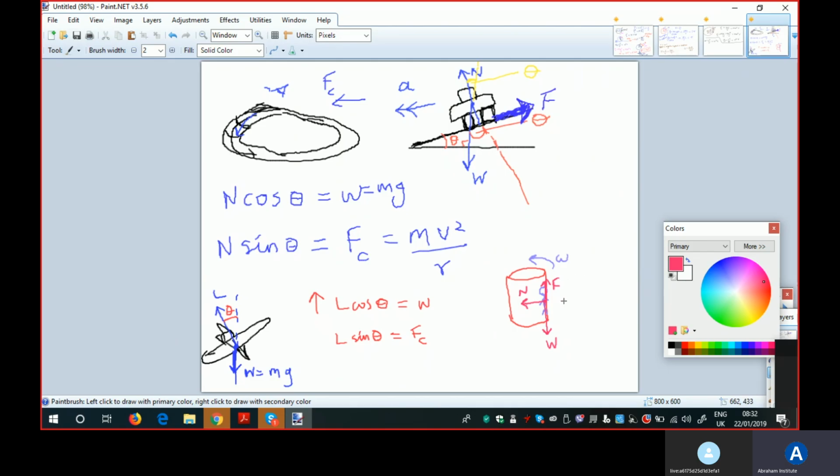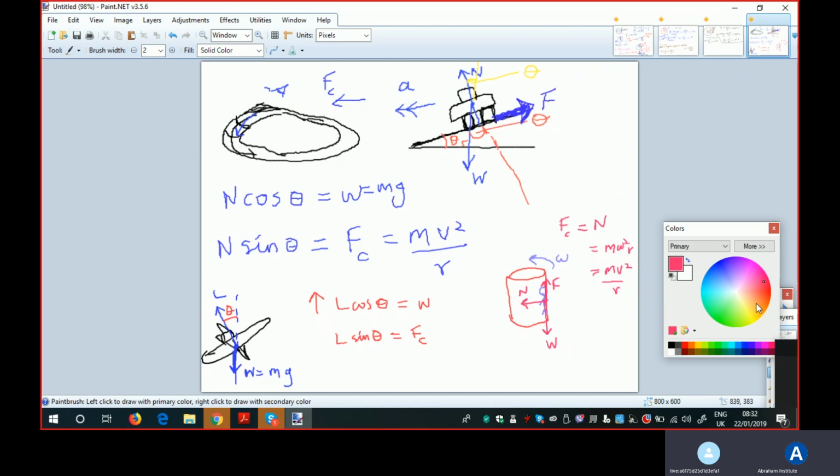When the normal contact force increases, the faster it moves, the greater the centripetal force. In this case, the centripetal force is equal to the normal contact force, and centripetal force is m omega squared r or mv squared over r.